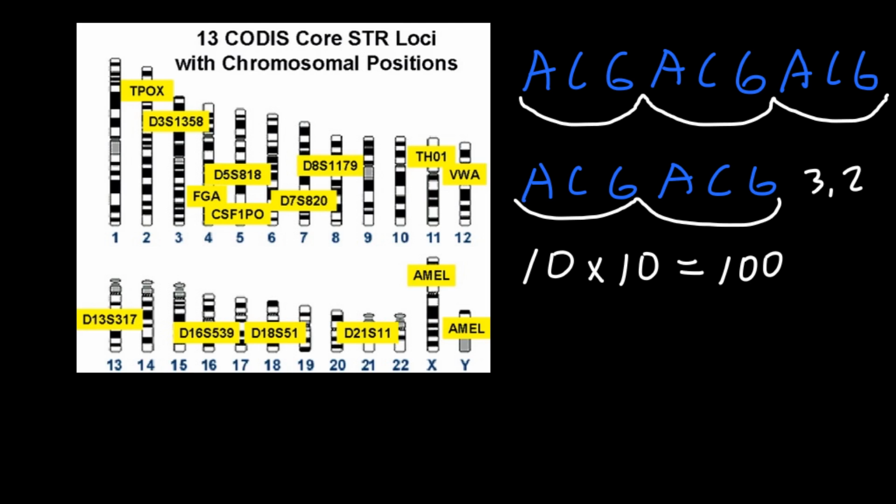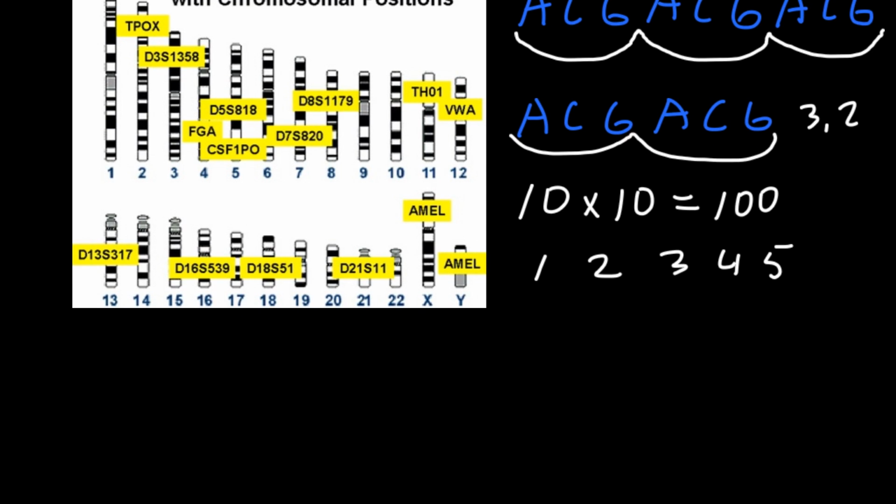Imagine that we have 5 alleles in the gene pool. So on the chromosome from the mother side we may have variants 1, 2, 3, 4, and 5. And also on the chromosome from the father side, we may have variants 1, 2, 3, 4, and 5.